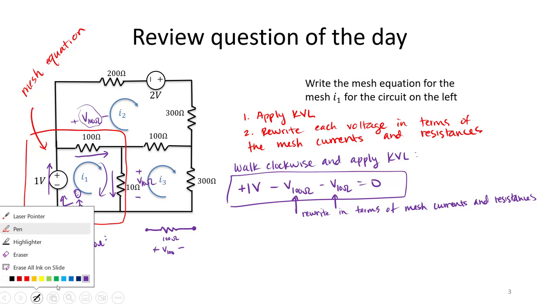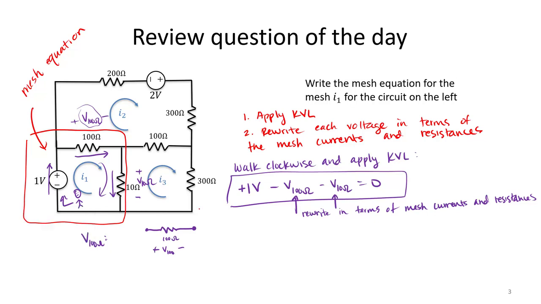For that resistor, I know that I have current I1 flowing from left to right. And notice in the mesh above, the I2 mesh, I also have I2 flowing from right to left. Remember, it's important that we correctly capture the true amount of current going through that 100 ohm resistor.